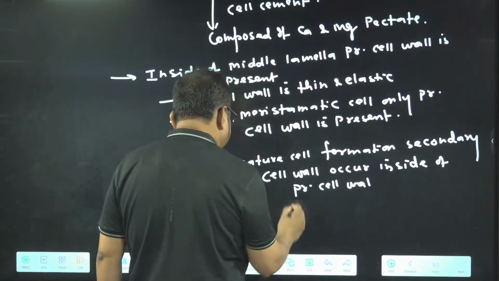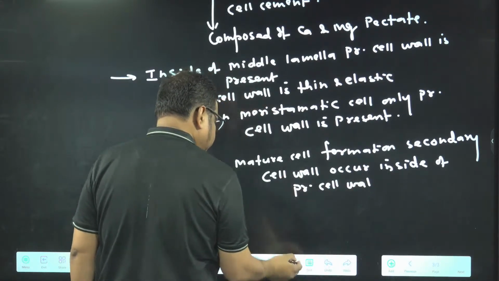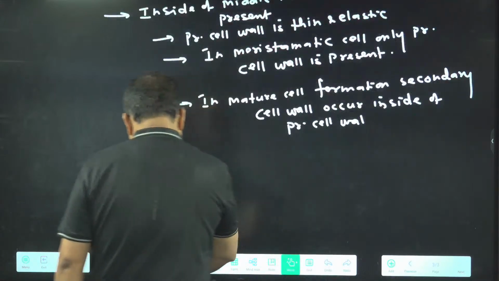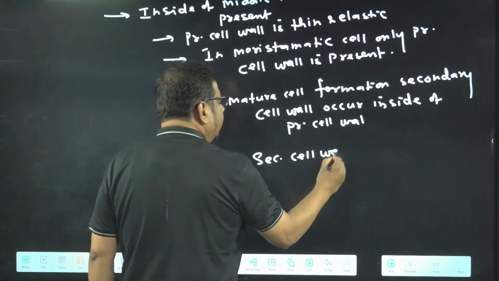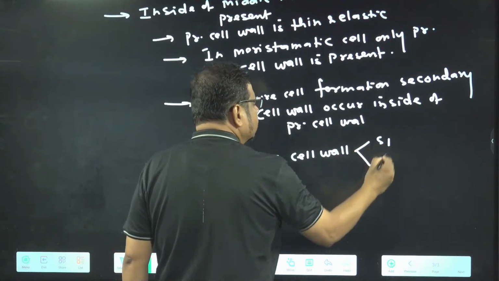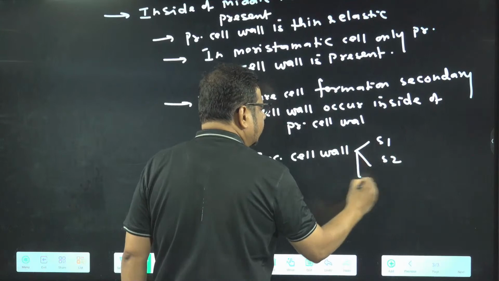And this secondary cell wall is of 3 layers, S1, S2 and S3.